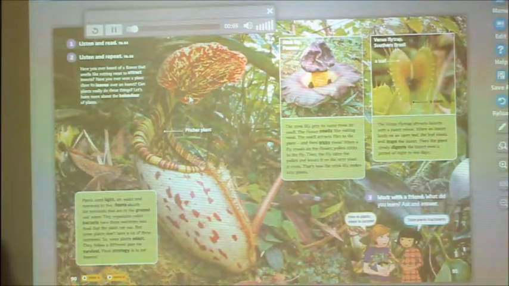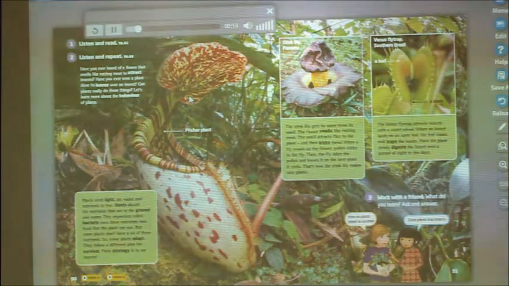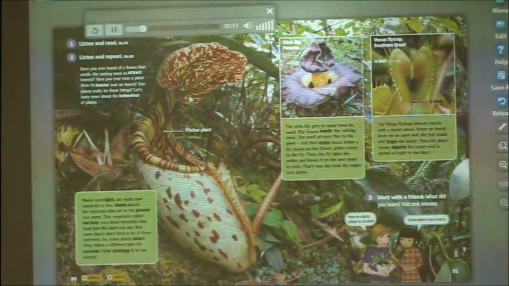Have you ever heard of a flower that smells like rotting meat to attract insects? Have you ever seen a plant close its leaves over an insect? Can plants really do these things? Let's learn more about the behaviour of plants. Plants need light, air, water, and nutrients to live.